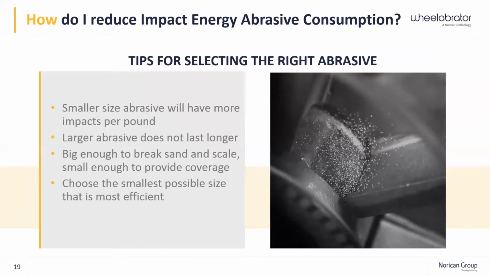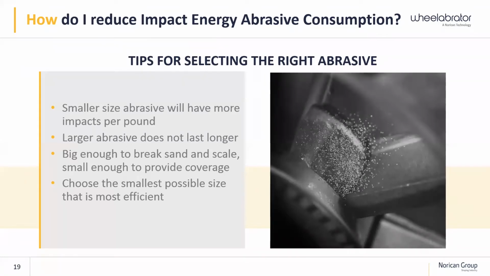A couple of things that we suggest, some tips you should look for when selecting the abrasive. Because larger abrasive typically breaks down faster, you want to find the smallest abrasive size that is going to do the work you need it to do. The reason is that you're going to gain more impacts per pound. I'm just tossing numbers out here: if you're throwing 460 shot, you might get 90,000 impacts per pound.